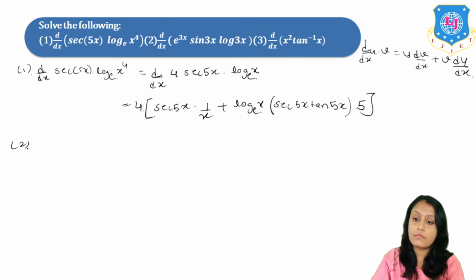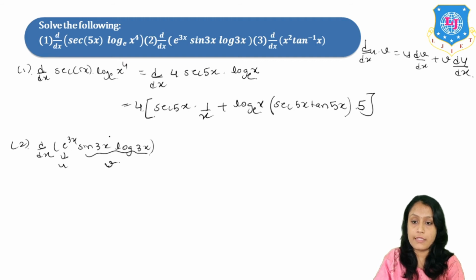Now the next example, find d by dx of e raised to 3x sine 3x log 3x. Now here we have three terms. So what we'll do, consider this term as u and this whole term as v. So this will be your first term and this whole will be the second term. So first term as it is, and derivative of the second term. To write the derivative of the second term, again we need to apply the uv rule formula. So for that consider this as u, consider this as v.